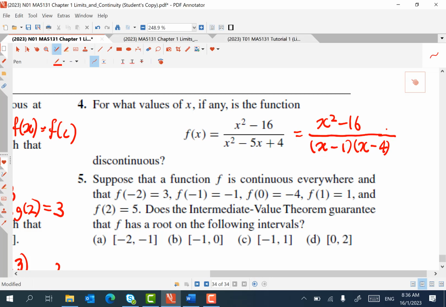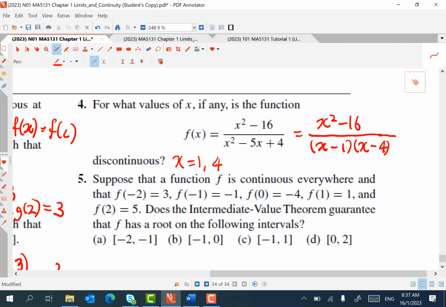At the point 1 and at the point 4, these are the potential candidates where the function is discontinuous, because at these points the denominator will be 0, and therefore the function will be undefined. So the values of x are going to be 1 and 4.